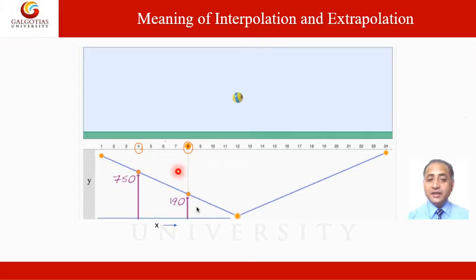Now, interpolation is the process to calculate the value of y in between the interval of x, that is, to calculate the value of y at any point in between 4 and 8.